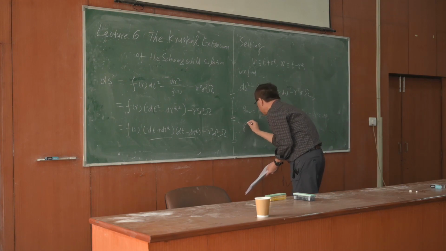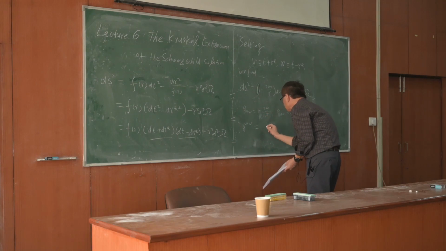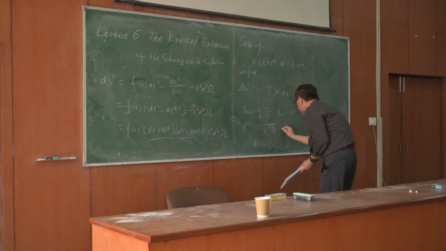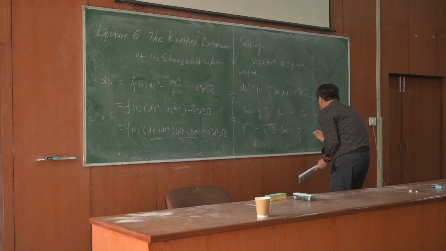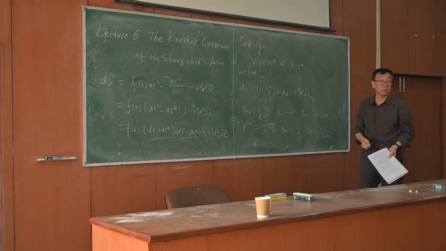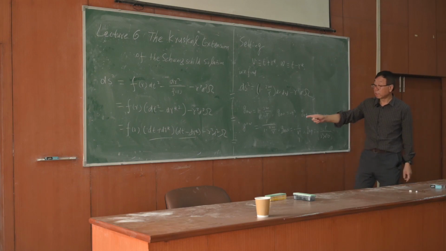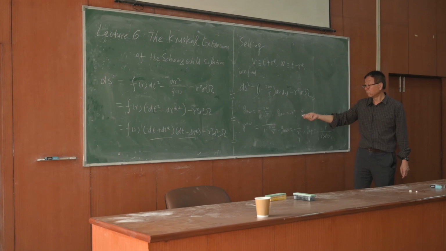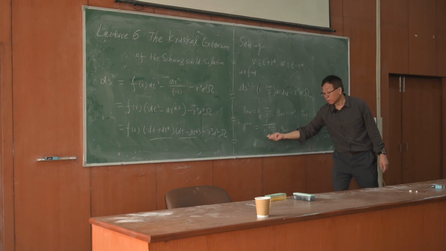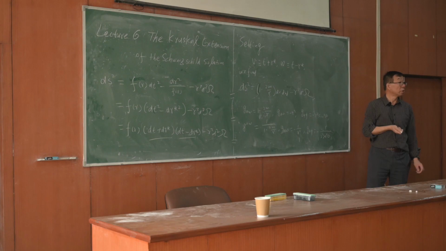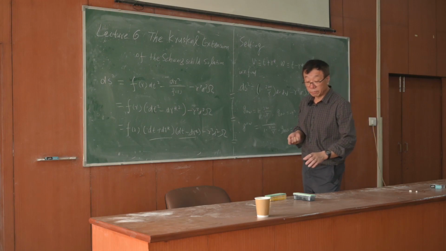Then g_VW equals 1 over 1 minus 2m over r. Now this guy is okay, this is 0 when r equals 2m. I find the problem here: I still have a singular r. The coordinate is still singular, that's fine.